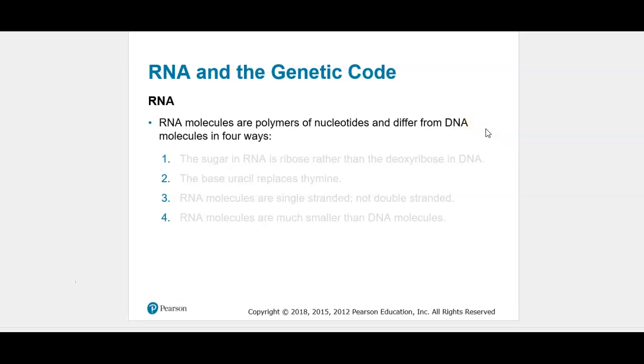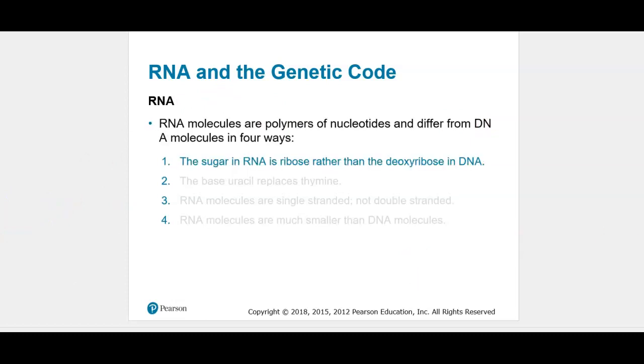I said RNA molecules are polymers of nucleotides, similar to DNA. We've seen the structure and how they're put together. Here are the differences. The sugar in RNA is ribose. Remember DNA, the D stands for the D in deoxy, which means it's a ribose molecule where the 2' hydroxyl is absent.